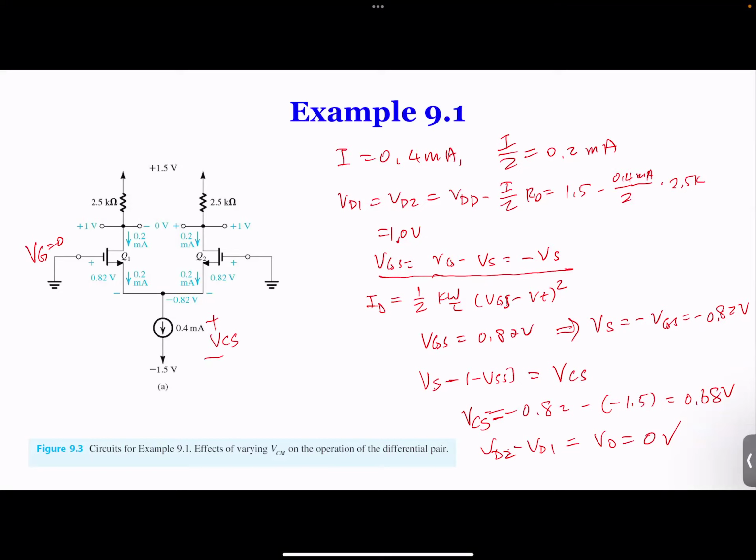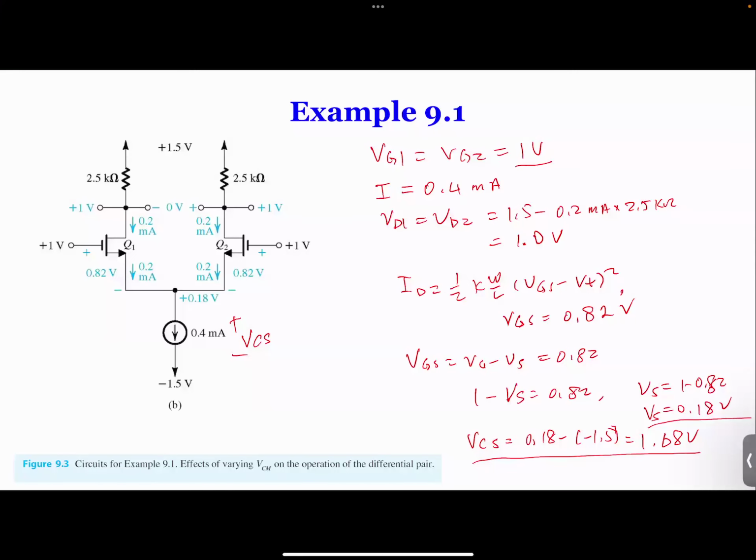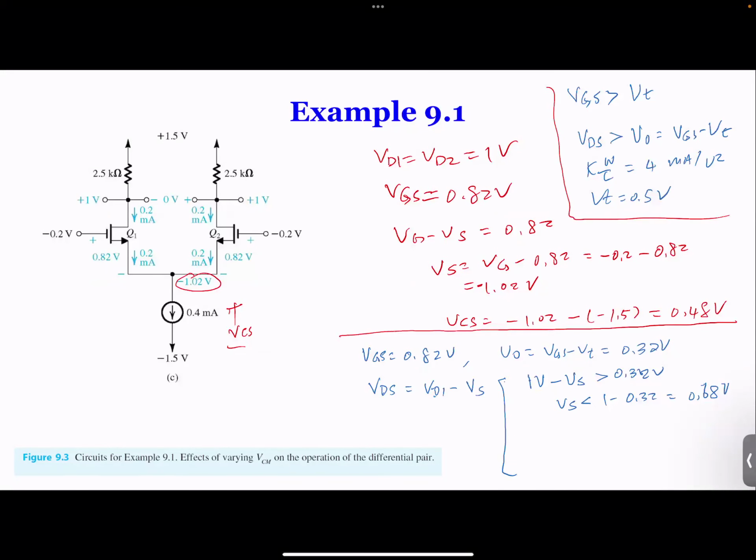So VS is equal to here. VS equal to minus 0.28. Okay, that's definitely less than that. And then in the second example, we got VS equal to 0.18, which is okay too. In the third example, we got VS equal to minus 1.2. So in all the cases, we have VS less than 0.68 volts.